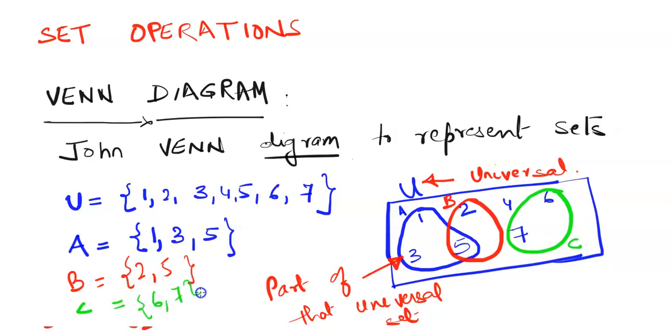Right? So basically you can say that there is a universal set which has the 7 elements, and within those 7 elements there are multiple sets, which are A, B, and C. So this is how you represent sets using a Venn diagram.